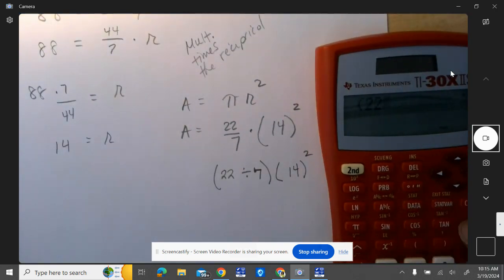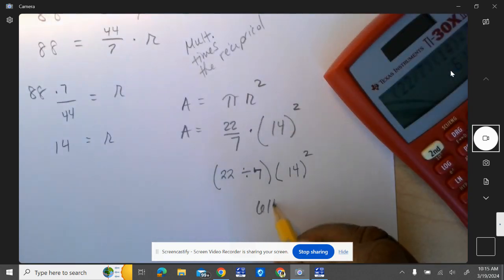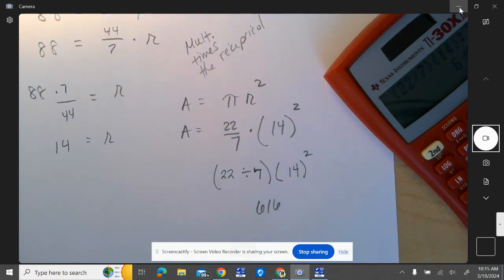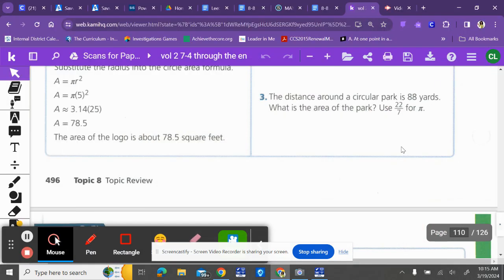Parentheses 22 divided by 7 parentheses, 14 parentheses squared equals 616 is your answer for your area. And the units are yards squared. All right, thank you.